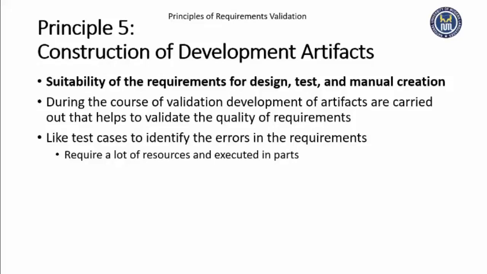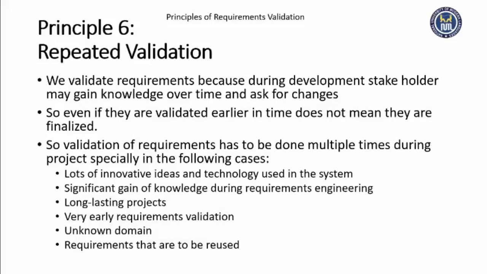Let's move on to the sixth principle, which is repeated validation. We validate requirements repeatedly because during development, stakeholders may gain knowledge over time and ask for changes. So even if they were validated earlier, it does not mean that they are finalized. There still may be changes possible in later stages.